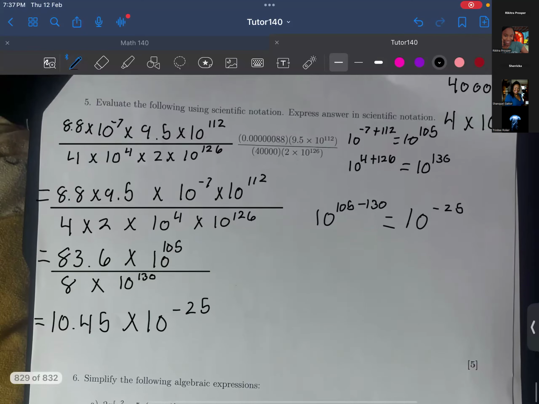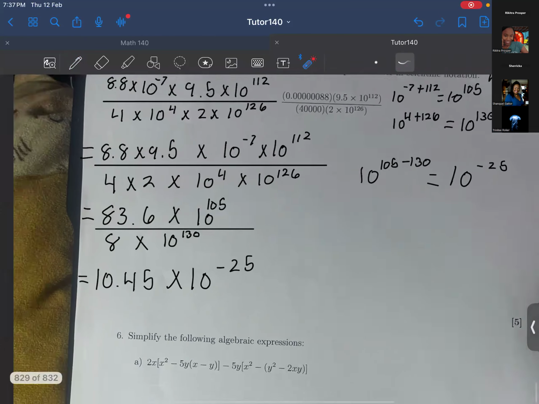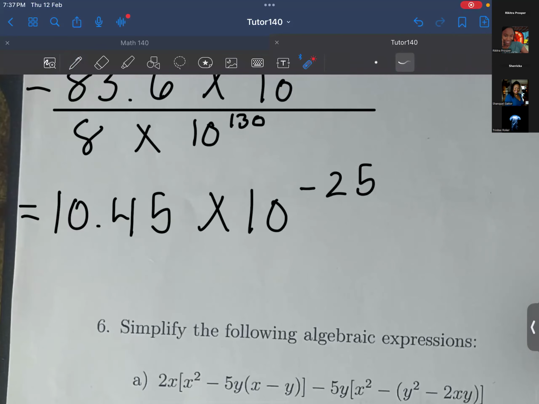But this isn't the final answer, because the number that you have here is supposed to be less than 10.